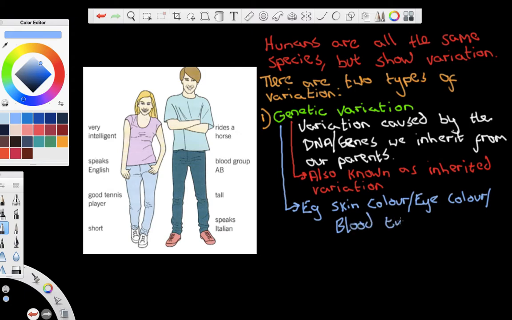These are all examples of inherited or genetic variation. The second type of variation is what's known as environmental variation. So number 2, we can say environmental variation.